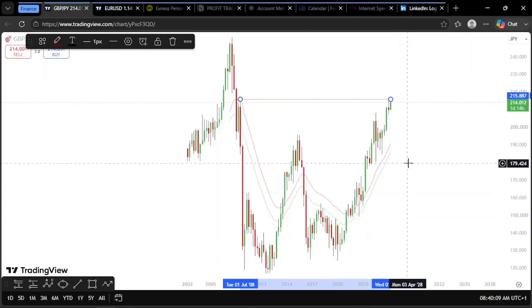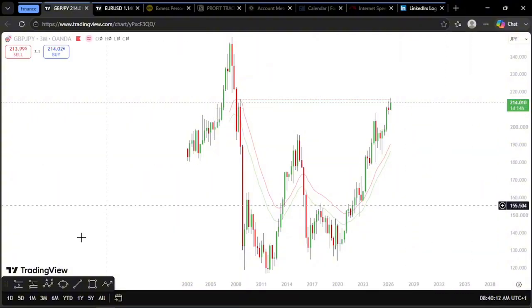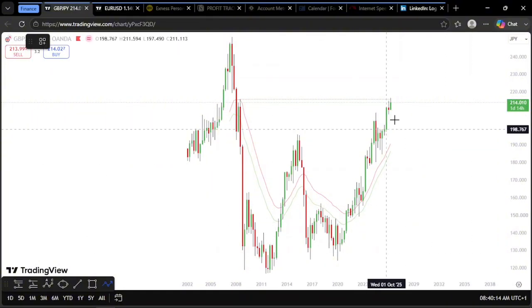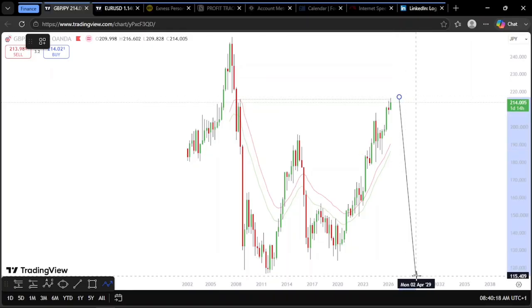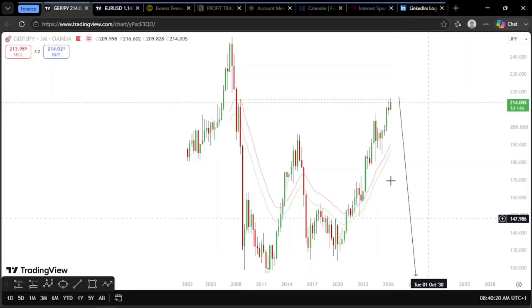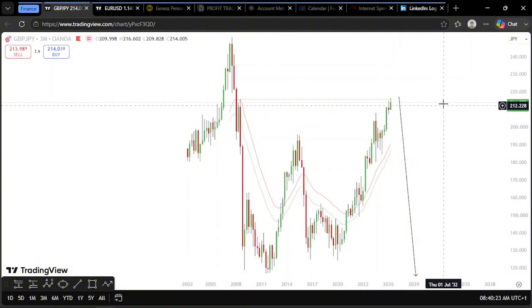This might not happen immediately, but overall the long term view on GBP JPY is going to be for price to actually come all the way down here. But we have to wait for confirmation on a lower time frame before we can start taking trades to actually maximize this short opportunity.